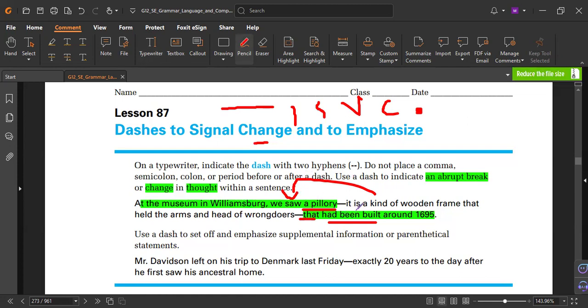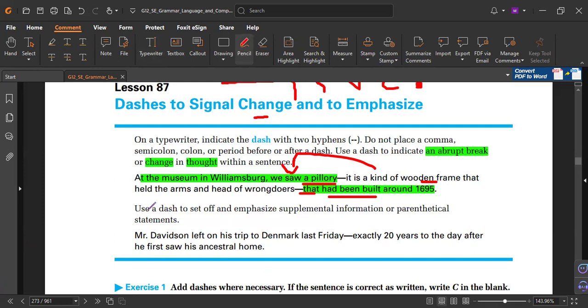Like that: it is a kind of wooden frame that held the arms and head. So this information describes what a pillory is, a kind of wooden frame. See it? Okay. So what is a pillory? A wooden frame. That means the writer helps you by giving a definition.